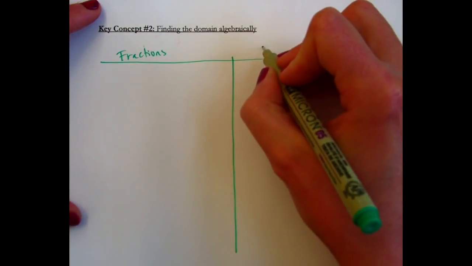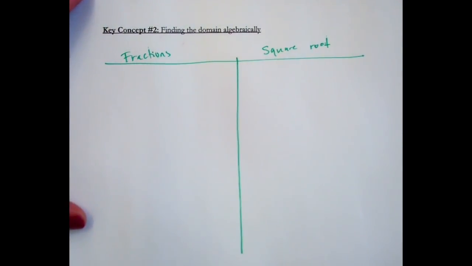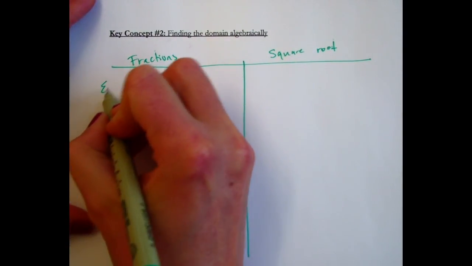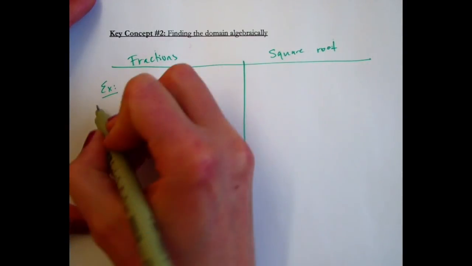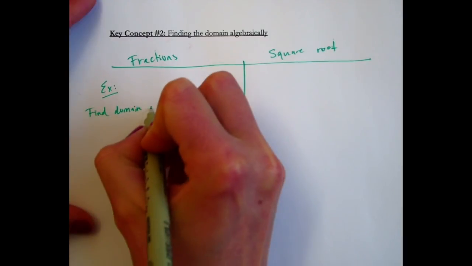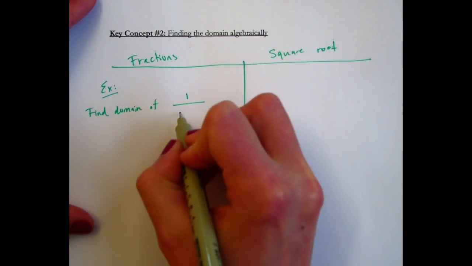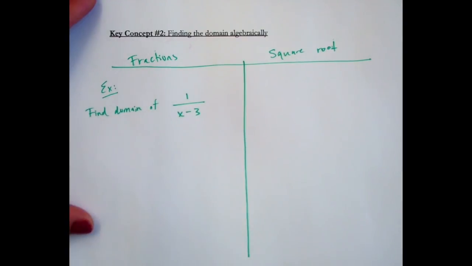So an example of a fraction could be if I said find the domain of 1 over x minus 3. And sorry, it's a function, so it should be f of x equals 1 over x minus 3.